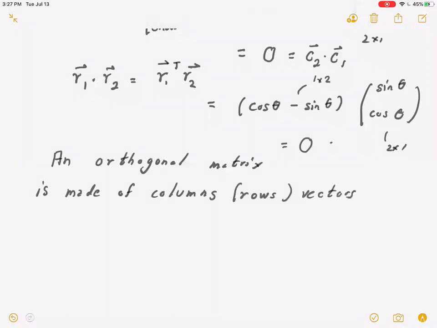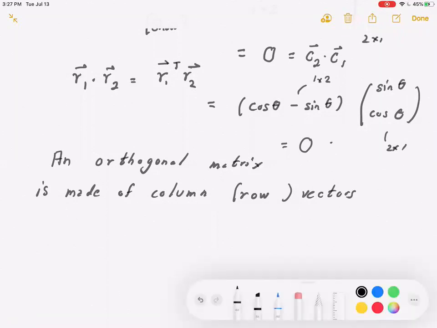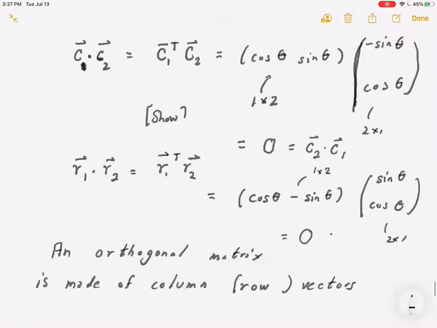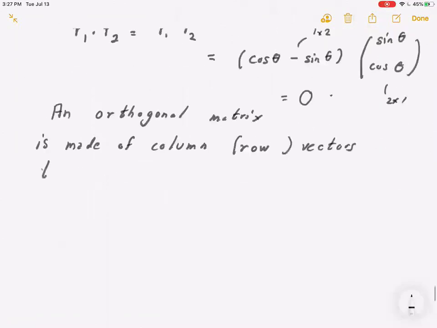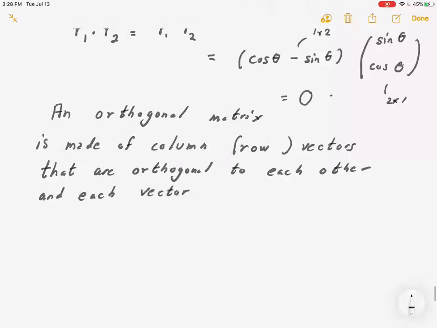So either column or row vectors, singular, that are orthogonal to each other, and furthermore, each vector, be it either a row vector or a column vector, has a norm of unity.